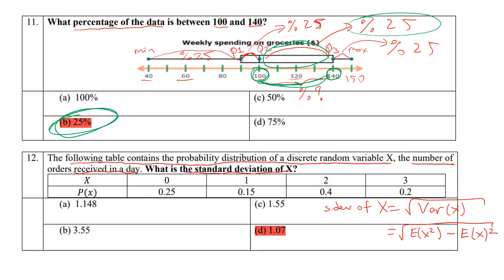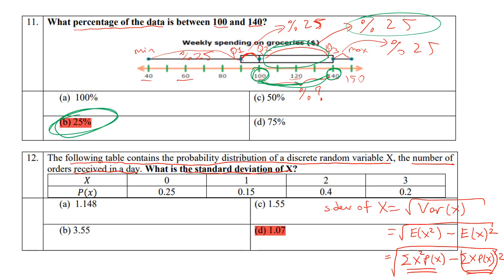So how do we find this? It is found by the sum of x squared times p(x), minus the sum of x times p(x). Now we will find these two things, and then we will take the square root. Let's be careful.